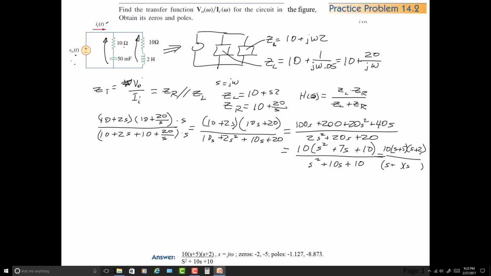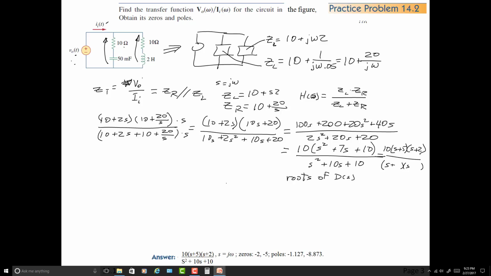So we're going to have to solve for the roots of the denominator, d of s. And so that's going to be our good old roots of the quadratic.